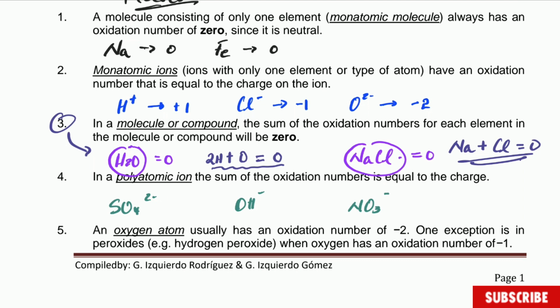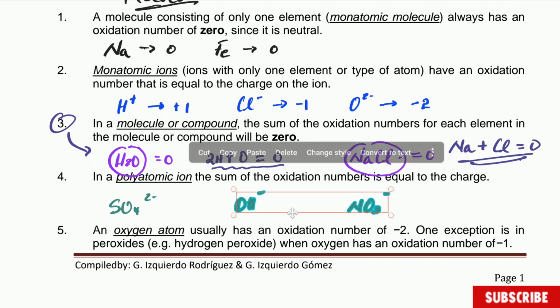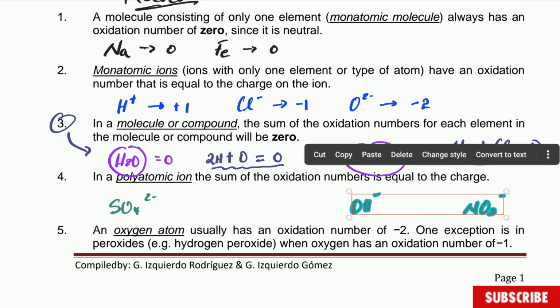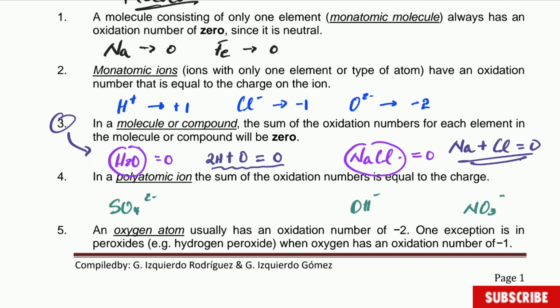So in other words, let's move this one a little bit to the right. There we go. I'm going to write with the first example. When you come here, this means that the oxidation number of this whole ion is going to be minus 2. So when you add the oxidation number of sulfur plus the oxidation number of 4 oxygens, because you have 4 oxygens there, it is going to be equal to minus 2.